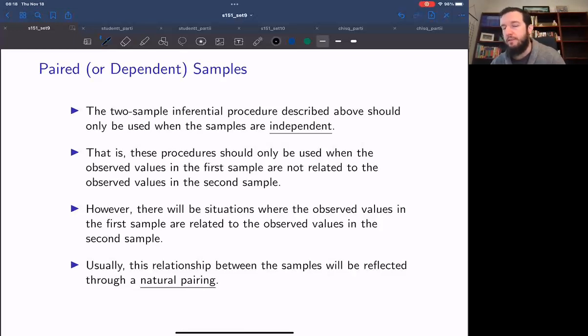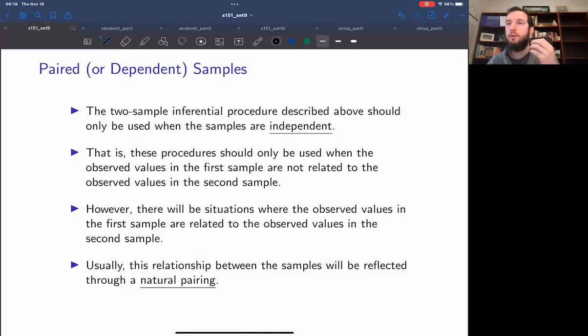What we're going to learn next is how we would conduct a two-sample test and build a two-sample confidence interval if we cannot assume independence. Now, identifying this situation is actually not too difficult because dependent data usually exists in what is called a paired structure.